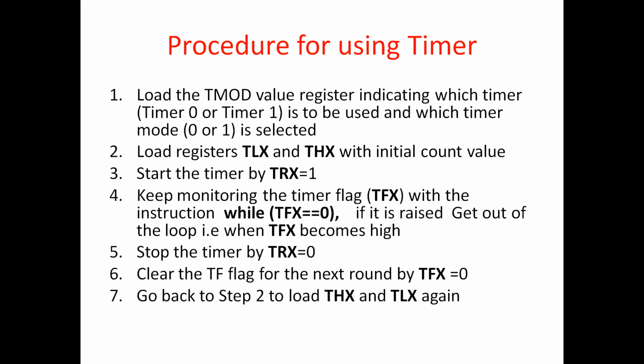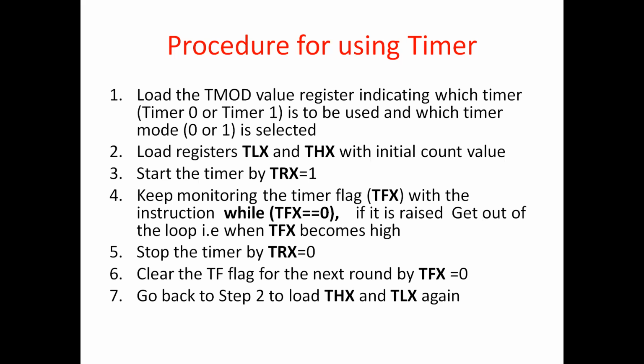Then instead of starting from 0, we need to load 65535 minus 50 plus 1, because at the end it also receives one pulse. After all bits become 1, it receives the next pulse and then the TF bit will be set.